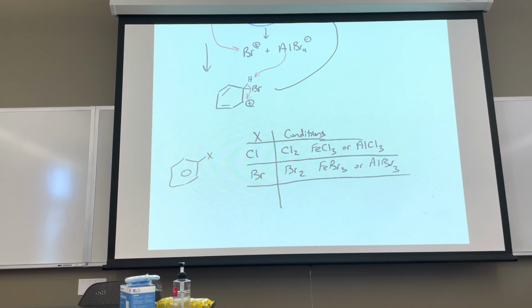And finally, we can also put iodine on the ring. These are slightly different conditions. You typically use molecular iodine and then some oxidizing agent. So peroxide sometimes is used, copper salt. Even nitric acid is sometimes used.